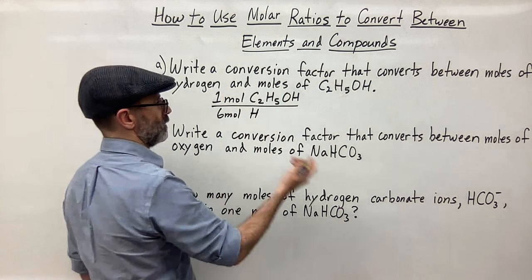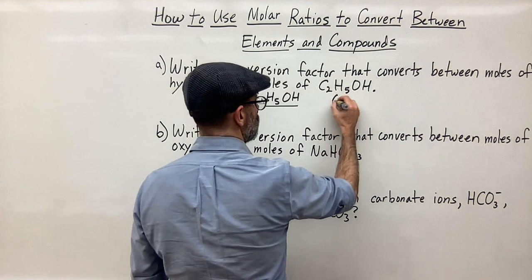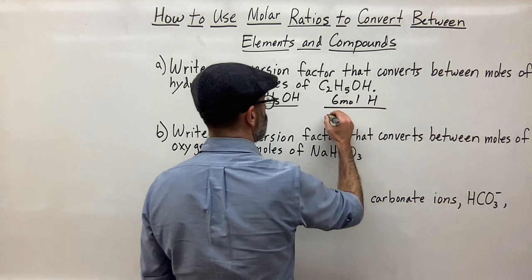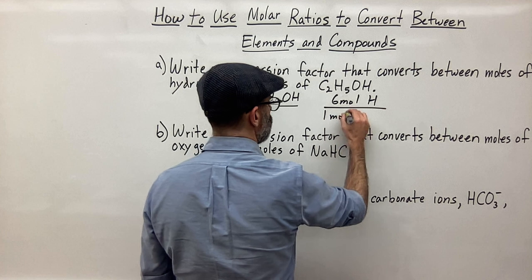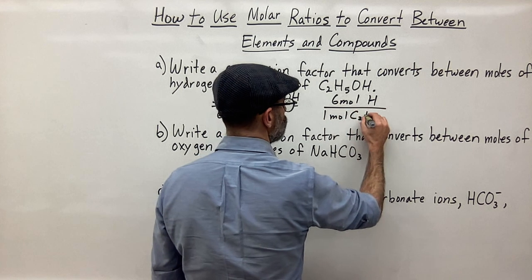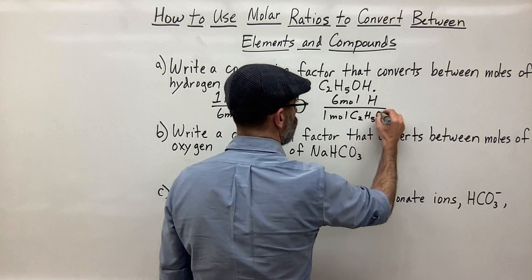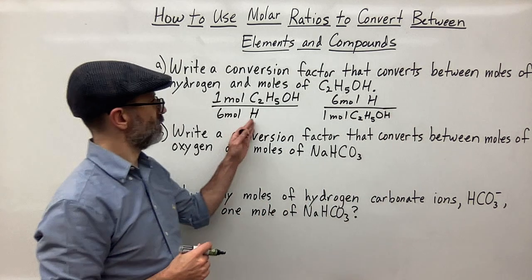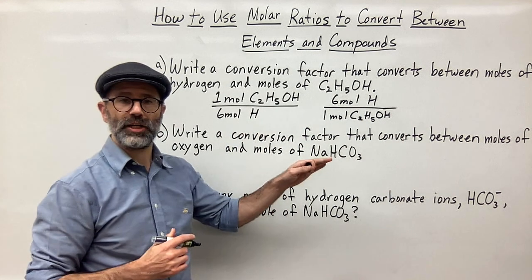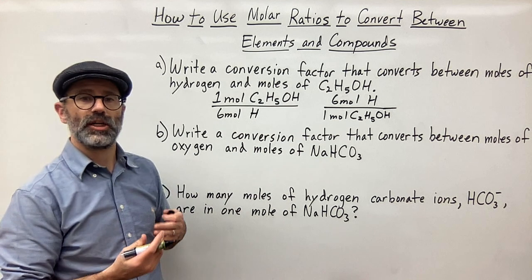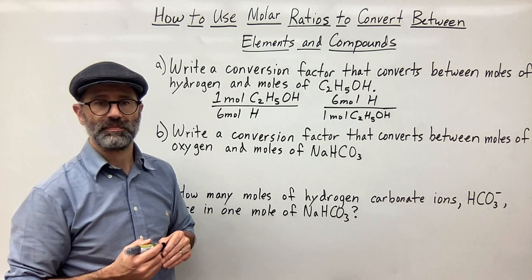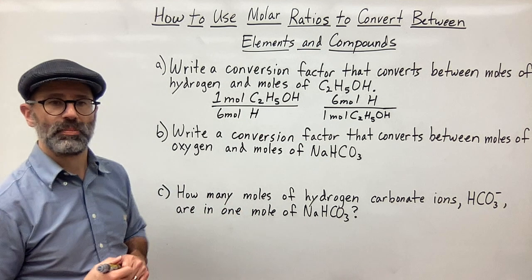And I can flip it. So I could have 6 moles of hydrogen on top and 1 mole of the C2H5OH, the ethanol, on the bottom. So this would be your mole ratio that you would use to convert between moles of one thing and moles of the other. Okay, let's go on to part B.